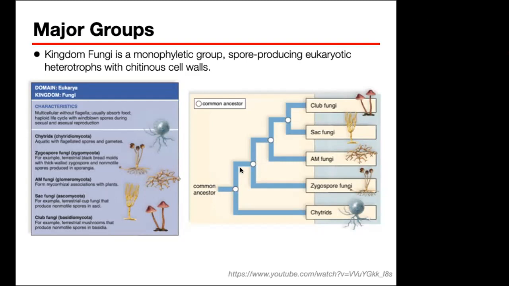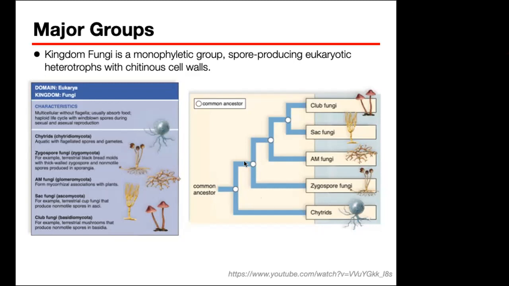Over time, the first to diverge from the last universal common ancestor were our chytrids, our chytridiomycetes. And this is the only clade of fungi that was able to retain the flagella.